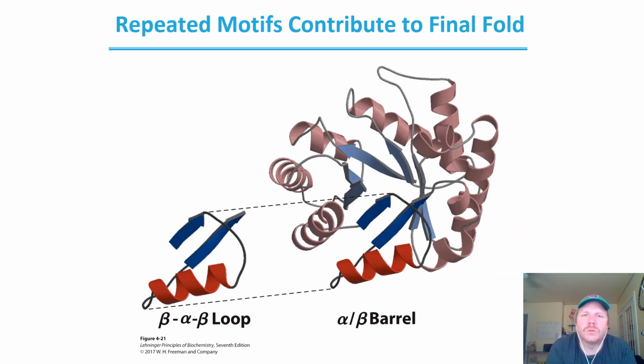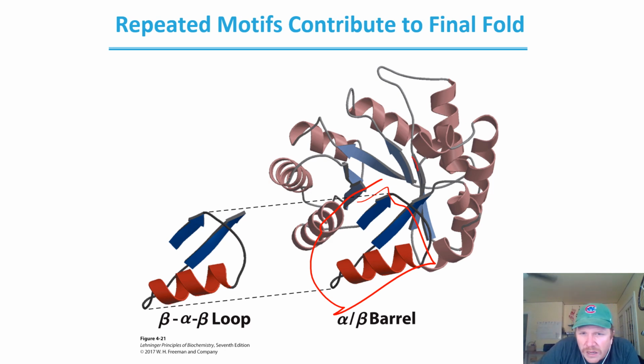These repeated motifs contribute ultimately to the final fold of the protein. So when you think about understanding the secondary structure of a protein, it does contribute to the tertiary structure of a protein. Here's a beta alpha beta loop motif that's found right here, and that is found within an alpha beta barrel protein.